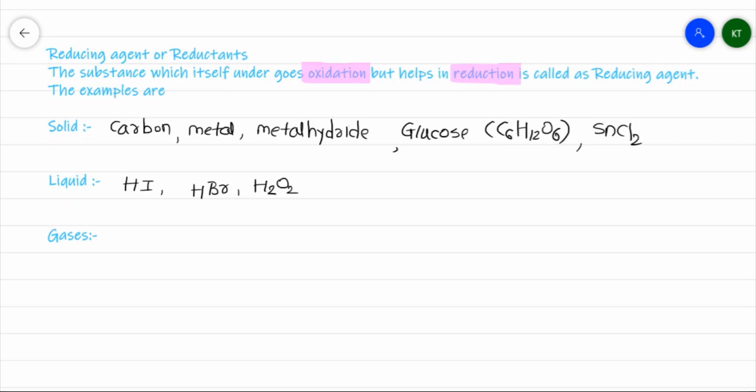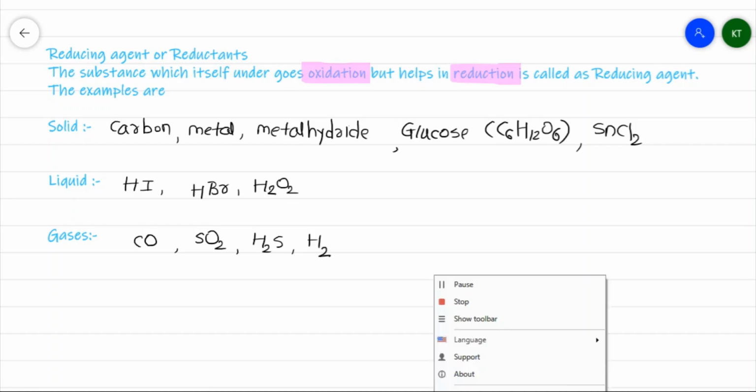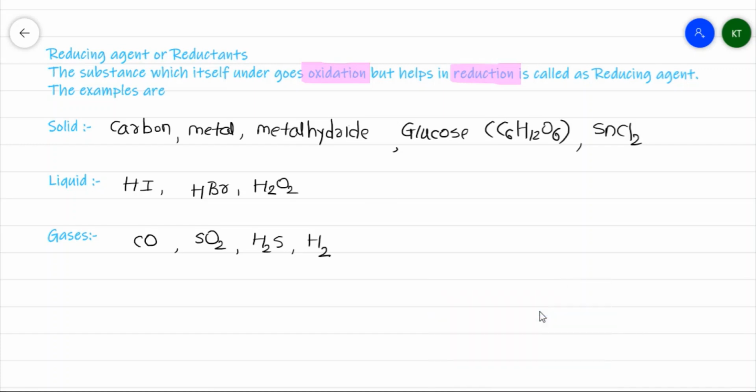Then in the gaseous state, I have carbon monoxide, sulfur dioxide, hydrogen sulfide, and hydrogen gas itself. This will act as your reducing agent.